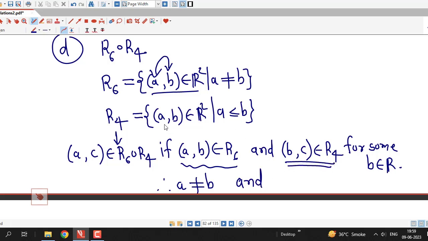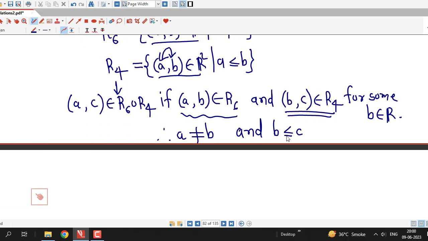In R4 the condition is less than or equal to. If the first component is less than or equal to the second component, then the ordered pair is in R4. So here the first component is b, the second component is c. Therefore b is less than or equal to c. Now we can see a and b are different and b is less than or equal to c.